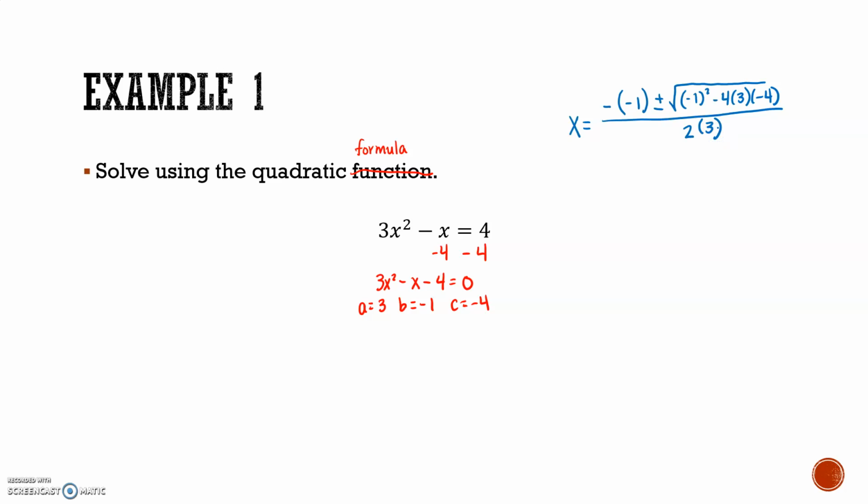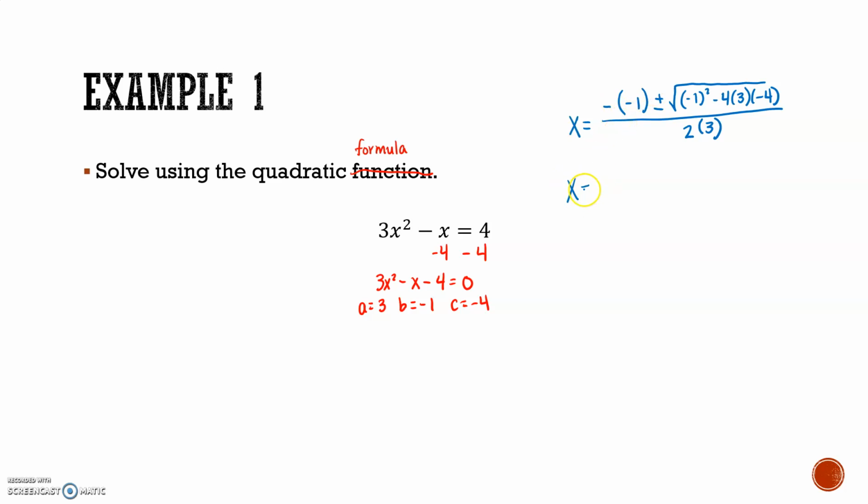Now, notice that I put all of my a, b, and c values in parentheses. I did this because I want us to see that I'm actually substituting in -1 right here. When it says negative b, it doesn't mean that this number is always going to be negative. That negative in a formula just always means change the sign. So I wrote it as negative and then times -1 because I want to make sure that we're understanding what that negative means. So let's do a little simplification here.